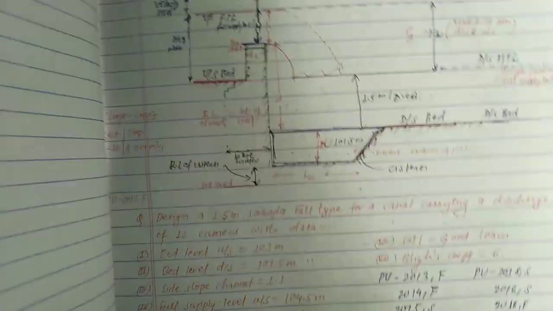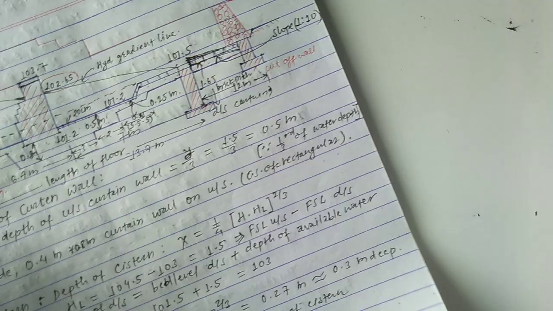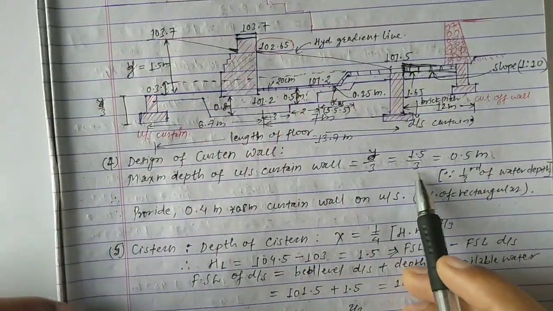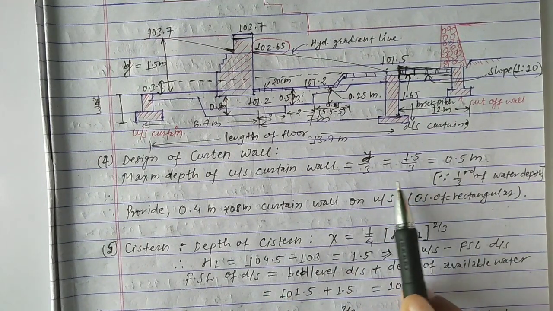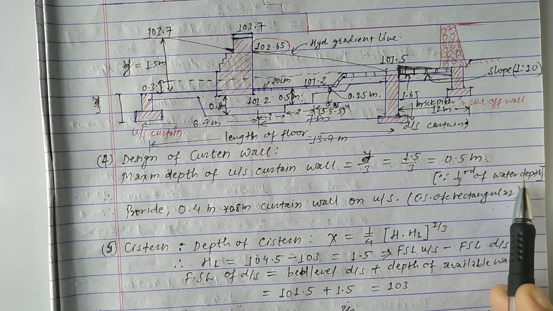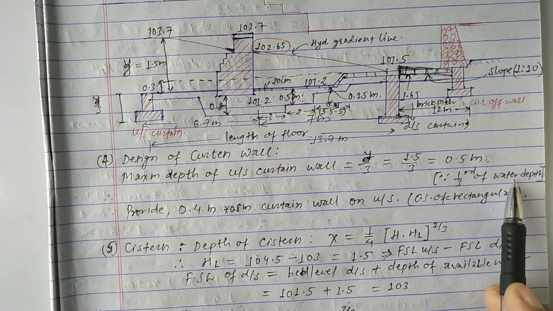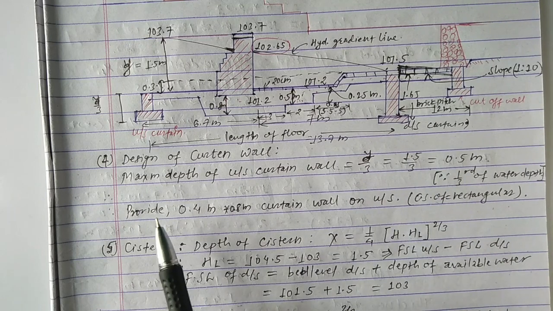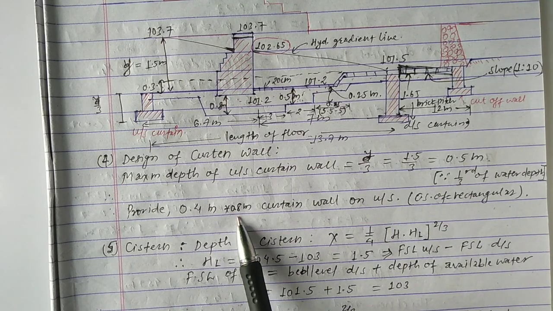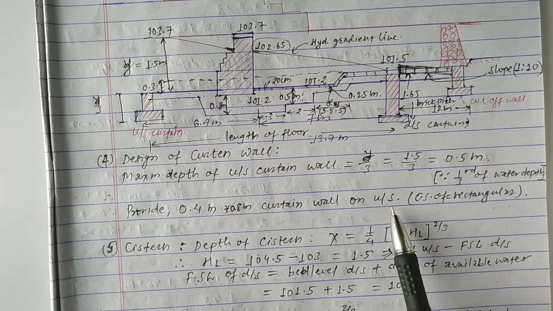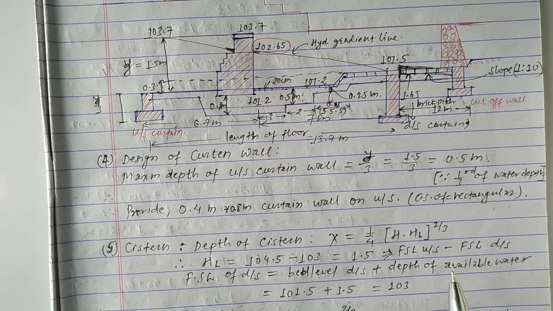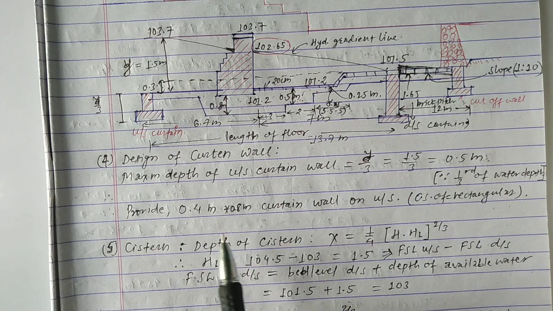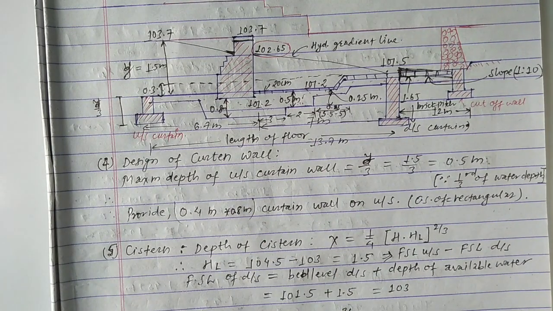So simply we take 1.5/3, so the maximum depth of upstream cutoff wall becomes 0.5, and you can say it is 1/3 of the water depth, and water depth is given 1.5 meter. So provide 0.4 meter into 0.8 meter cutoff wall on upstream, and cross section of rectangular area. So we use this cutoff wall 0.4 into 0.8 meter.